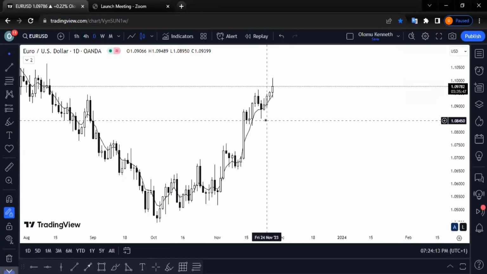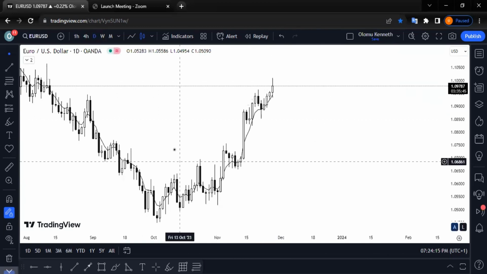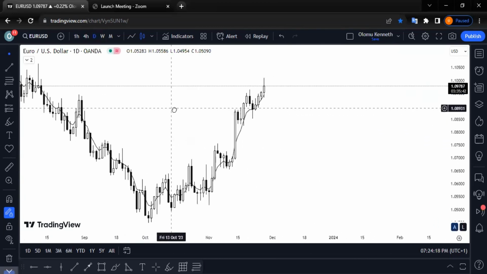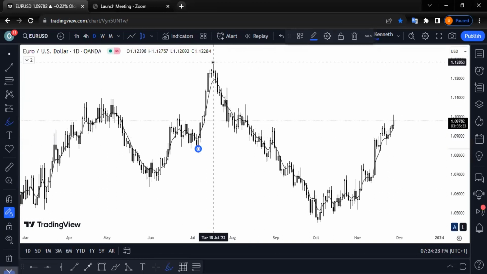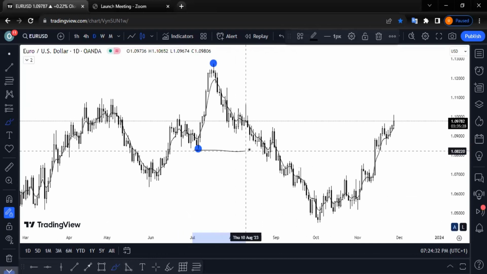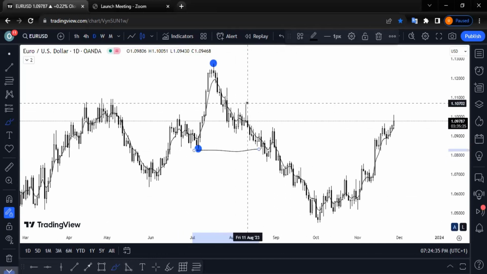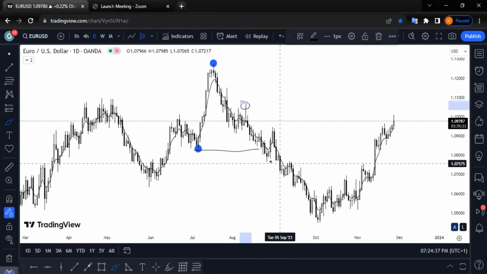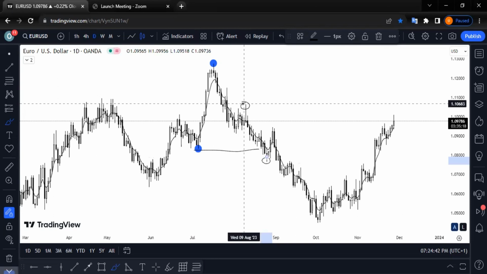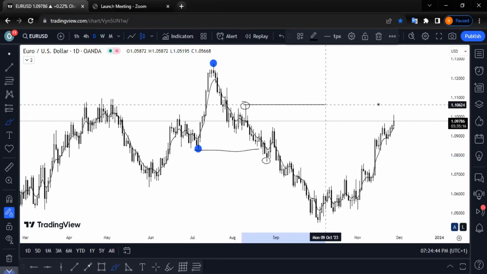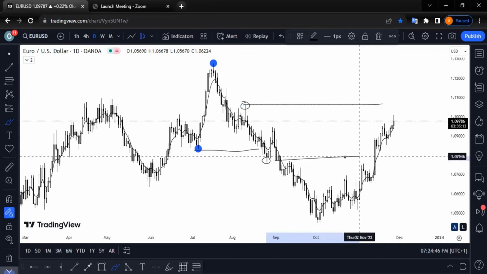All right, so this is Euro USD on the daily time frame. From the daily time frame, we equally had the market being bearish, because this was the last move to the upside. Then we have a swing, and a swing that gave us what? A range. So we had this range and this range.